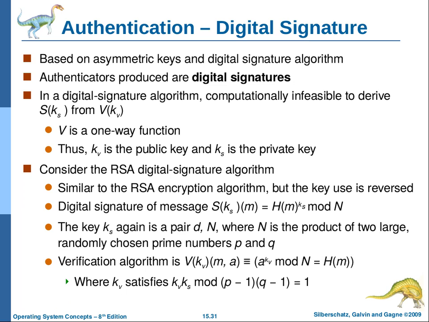I'm going to wave my hands a little here, just to keep life simple. But digital signatures, remember, we're going back to the hash. You can create the hash of the entire message. Then the person who's sending it will encrypt that hash with their private key.